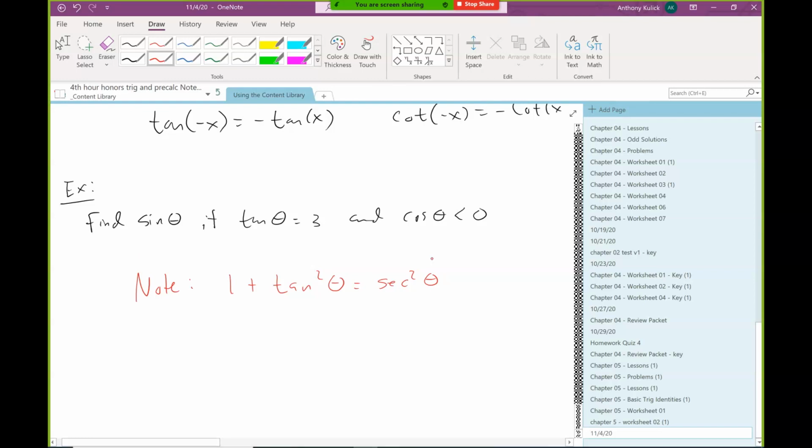Okay. So I know then that I can say that, right? Which tells me this. Cool. And if I square root both sides, I get that secant is plus or minus the square root of 10.